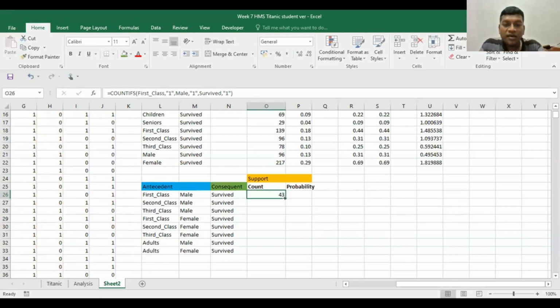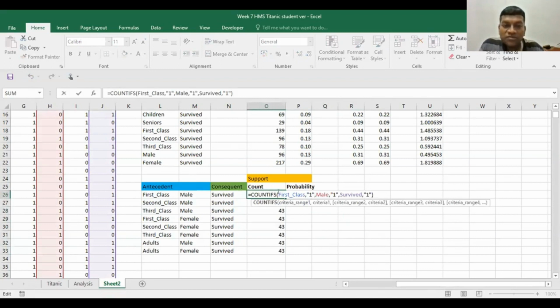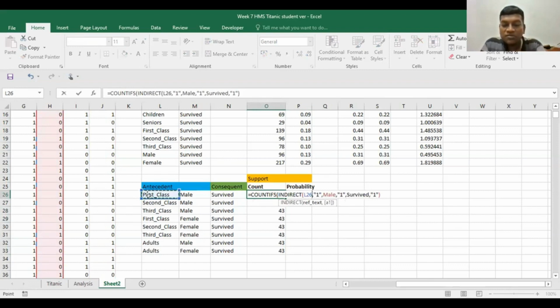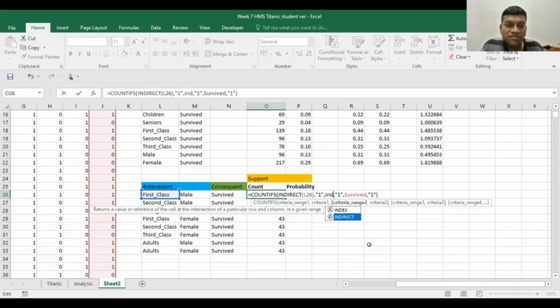Fine. And I can't drag the formula down because I have not used indirect referencing. So let me do that. Instead of writing first class, let me write INDIRECT and reference that particular cell here. Close the bracket. Again, for male, I will use the INDIRECT formula and reference this particular cell.